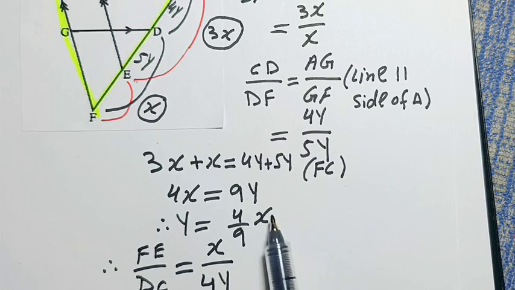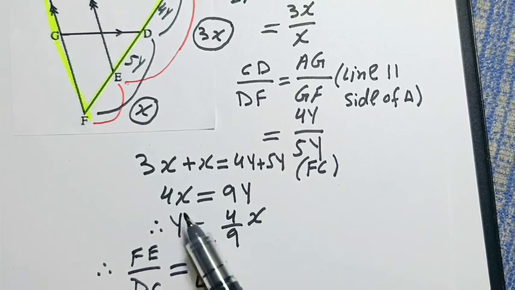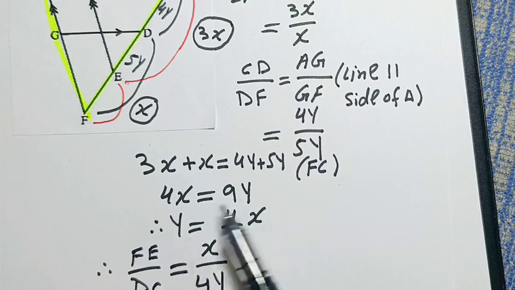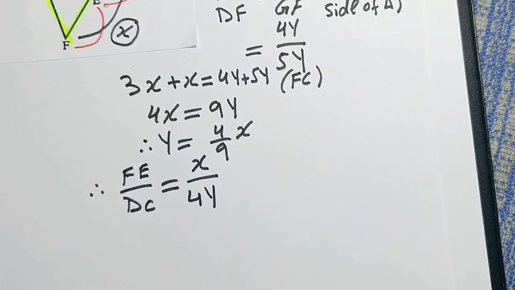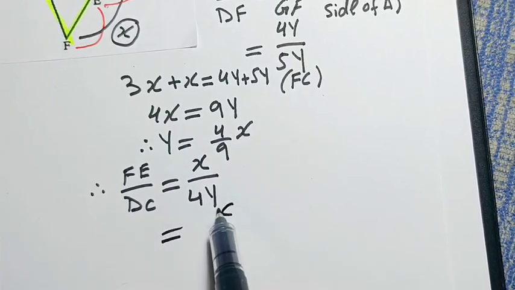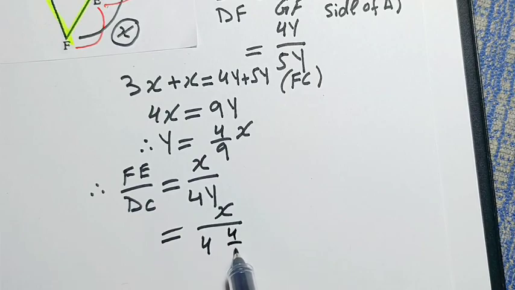So in place of y, I'm going to substitute the value 4 over 9 x. Must remember here you can isolate x as well if you want to, but I isolate y. So it's going to be x over 4 in place of y, which is 4 over 9 x.